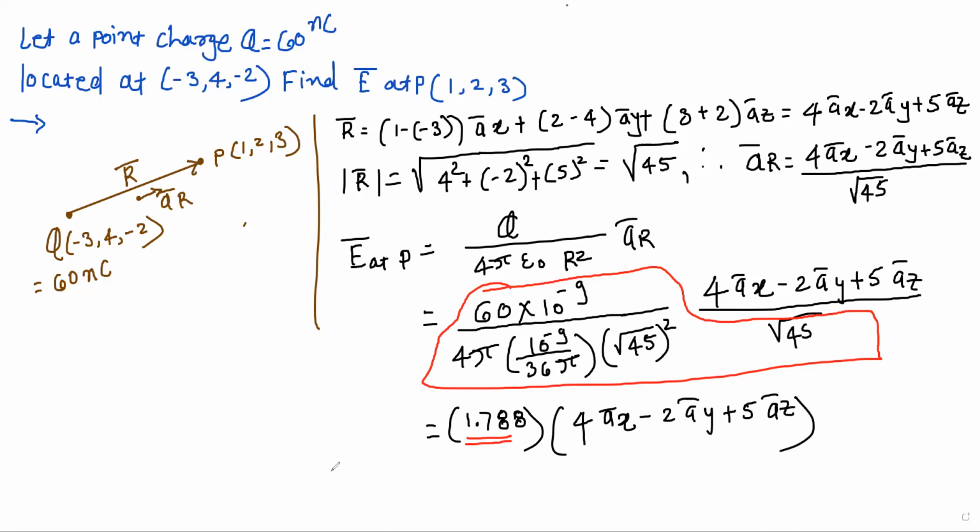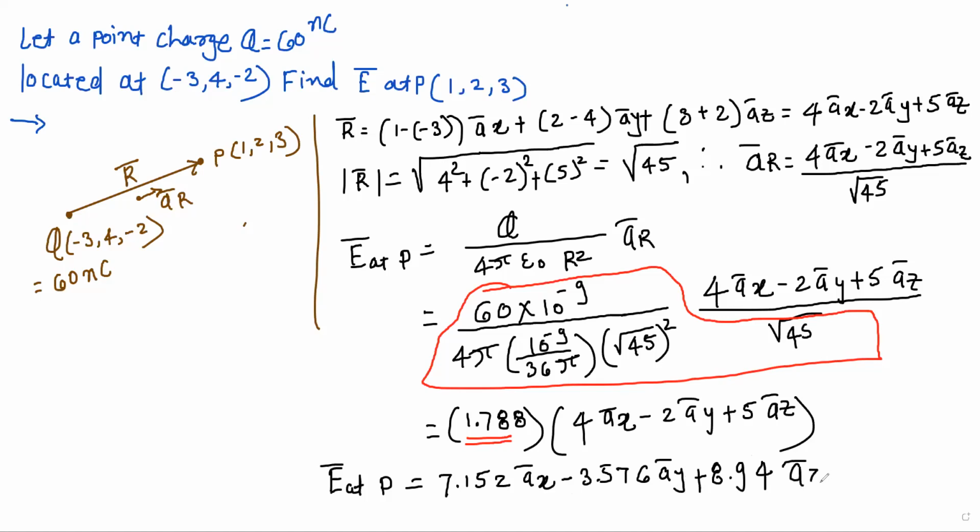So the final answer, E bar at P, is equal to 7.152 a bar X minus 3.576 a bar Y plus 8.94 a bar Z. Don't forget to put the unit.